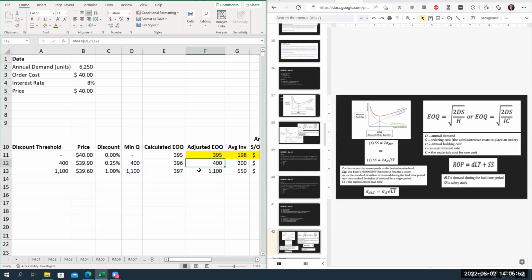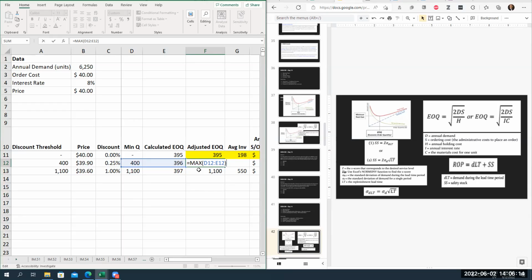So for this 400, the reason why this is 400 is because we're calculating a max. I'm just using the maximum formula, equals the max of these two numbers. Which one's highest? We can't order 396 if we want this 0.25 discount here.